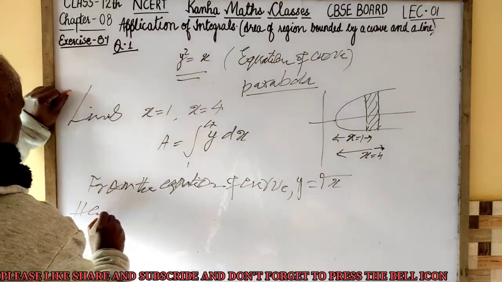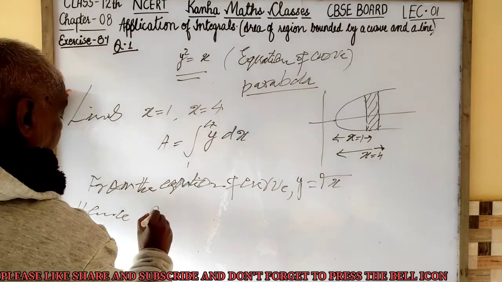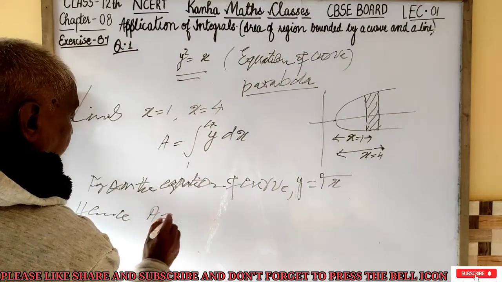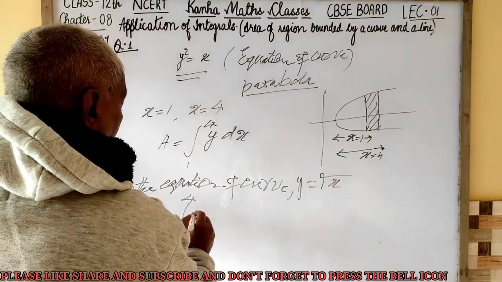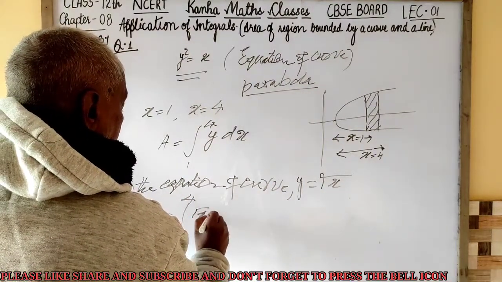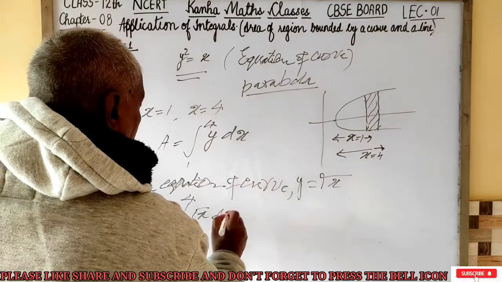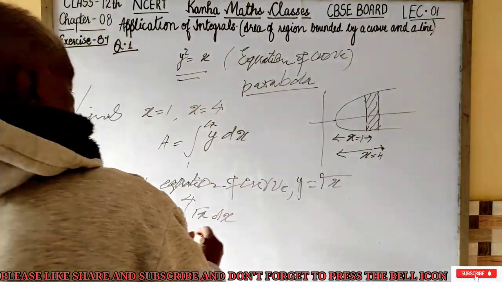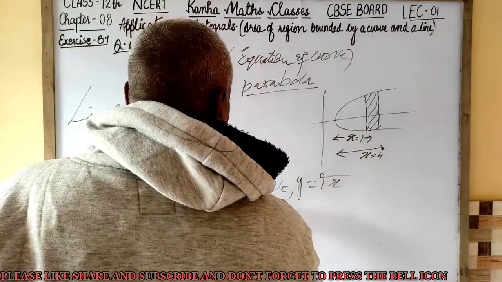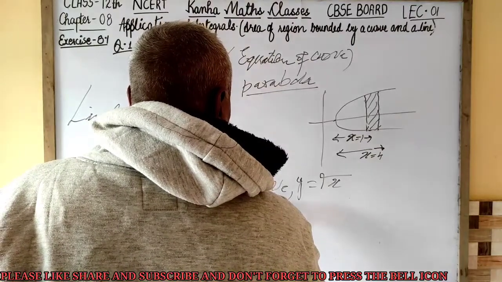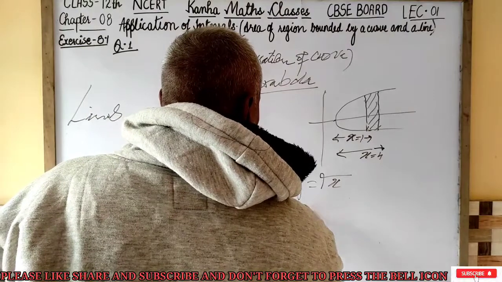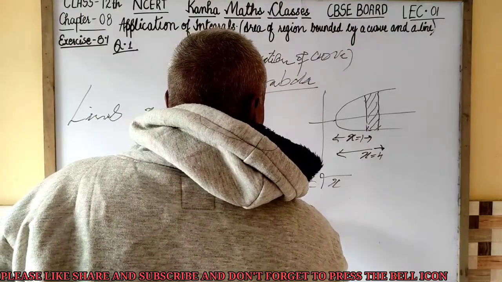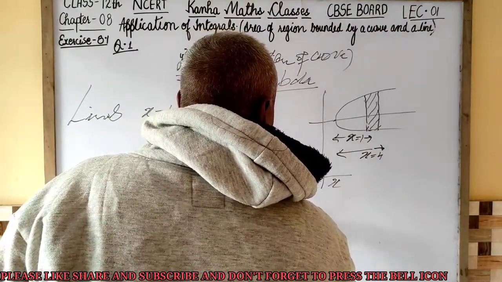Hence, A is equal to the integral from 1 to 4 of root x dx, which is equal to the integral from 1 to 4 of x to the power 1 by 2 dx.